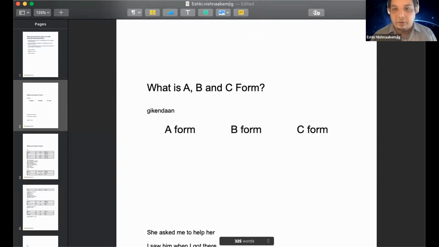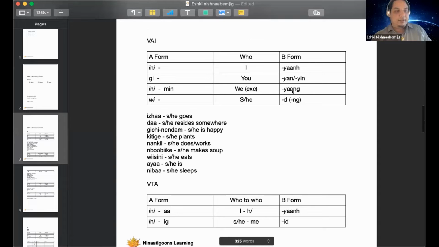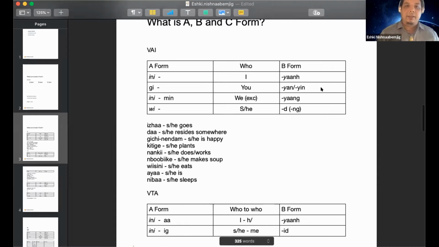So what is A, B, and C form? What do I mean by conjugate? Thumbs up, thumbs down, kind of. Okay, I'm gonna shoot ahead a little bit and say that these are the conjugations and that on one side, one's A form and one's B form. So you sort of kind of gotta learn to conjugate to know what A and B form are, okay?